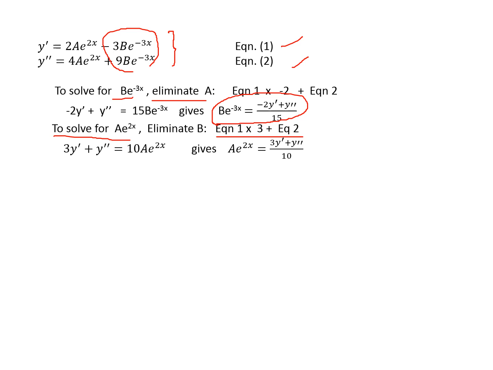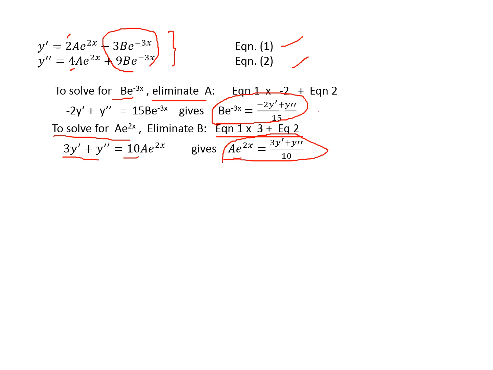This will give you 3y prime plus y double prime, which is 3 times 2, that is 6, plus 4 is 10. So 10 e^(2x), and solving for a e^(2x), you divide by 10: (3y' + y'')/10.